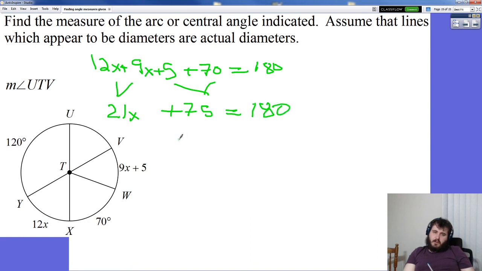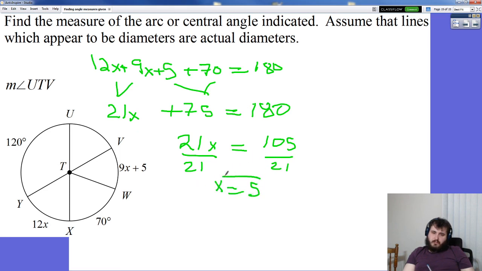We're going to subtract. Now we're going to divide. We end up with x equals 5. That's all well and good, but how do we use that to get what we want?